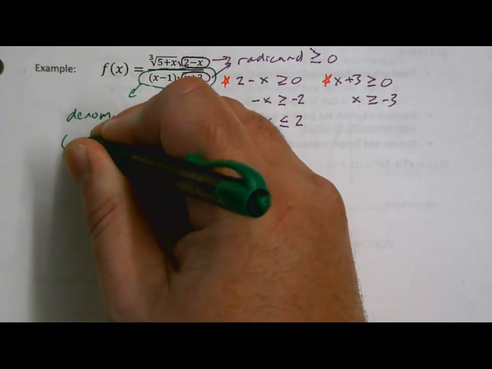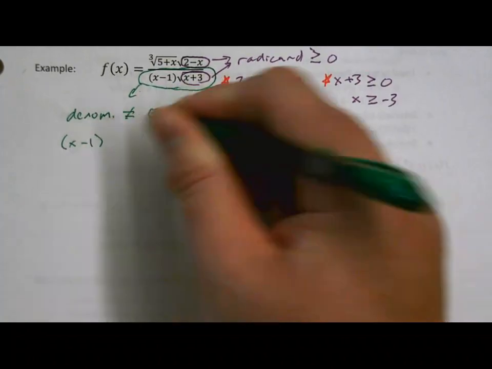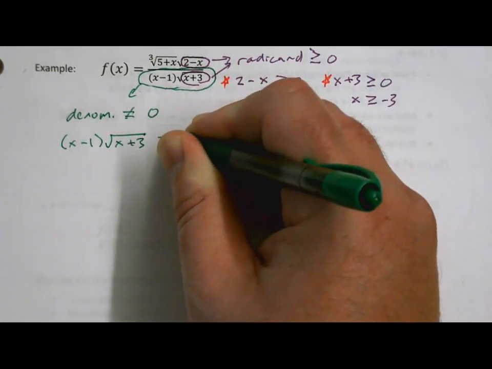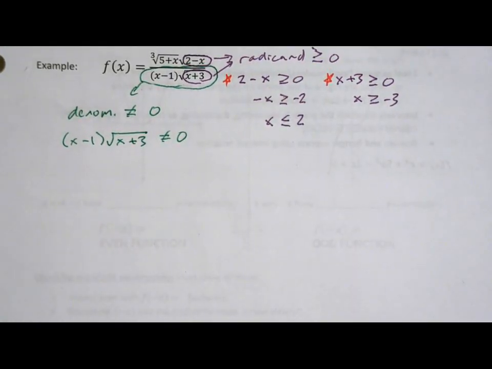So x minus 1 times the square root of x plus 3. That was our denominator. That must be not equal to 0. Pause here for a second. See if anyone has any questions.